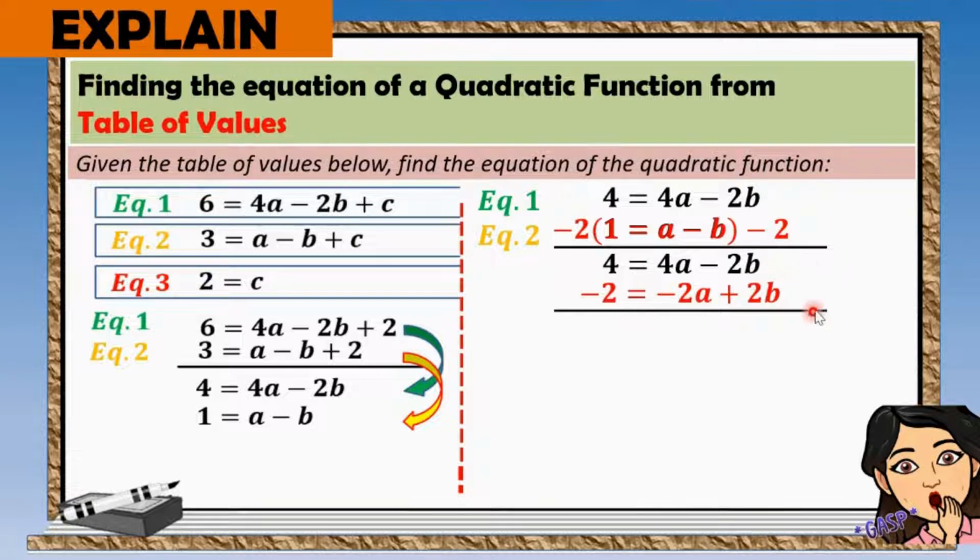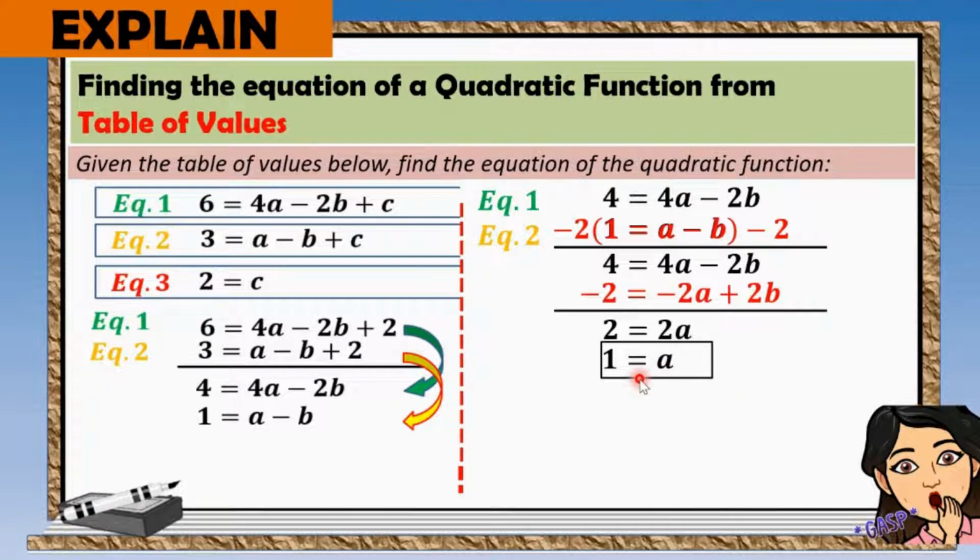Ngayon, pwede na tayong mag-subtract kasi kung napapansin nyo, yung b ay makakancel na siya because this is already equal to 0. So, 4 minus 2 is 2. 4a minus 2a is 2a. So, divide both sides by 2, we have 1 equals a.